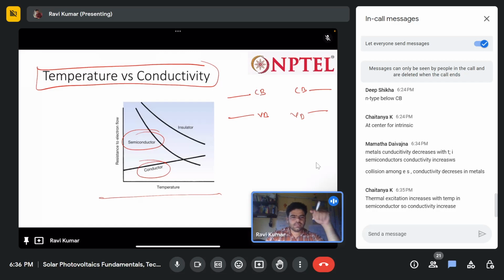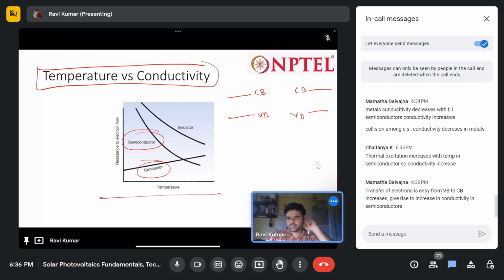Conductivity increases with temperature because of thermal excitation. Yes, you are right. So what is this thermal excitation? In terms of band gap, can you tell me what thermal excitation is? Transfer of electrons from the valence band is easy, which gives rise to an increase in conductivity in a semiconductor.